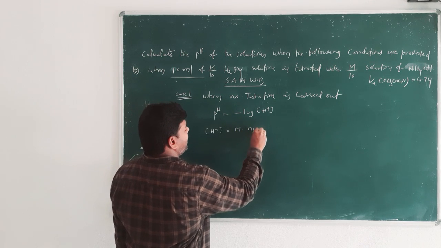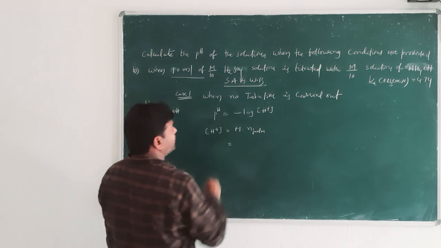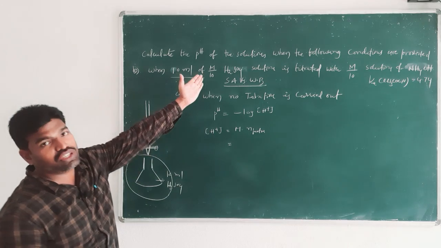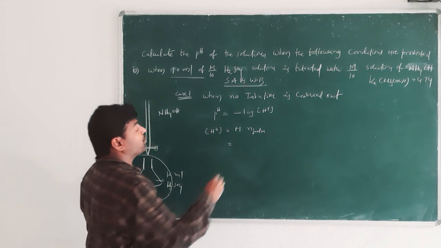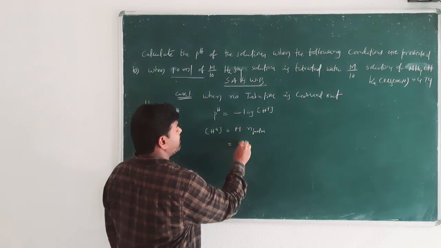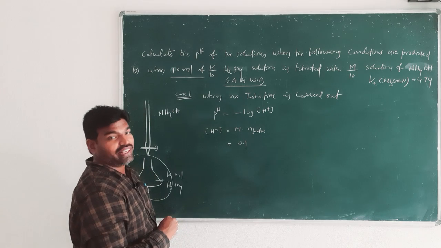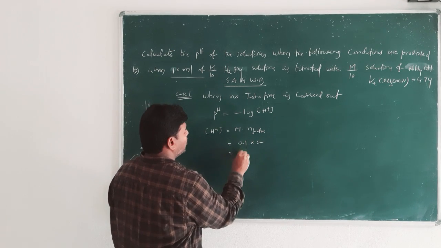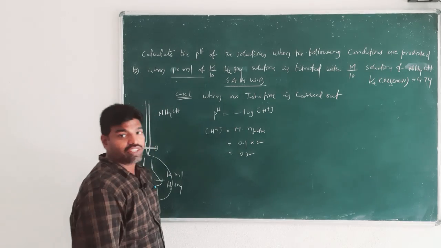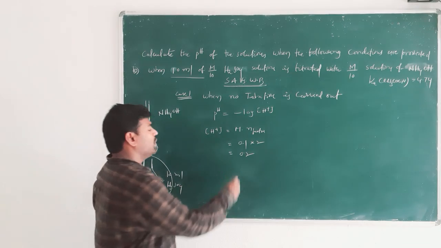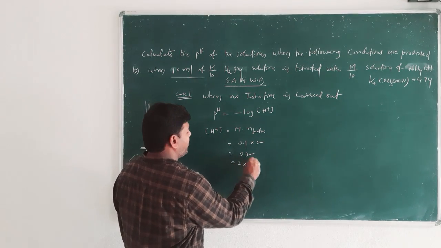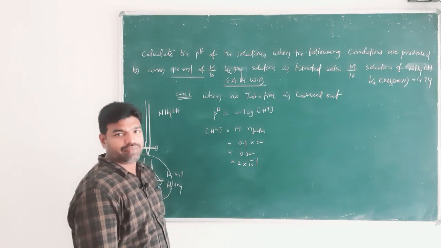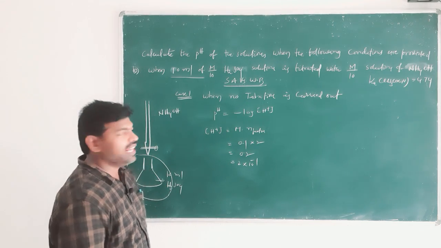So, normality is molarity into n factor. We know the molarity of the H2SO4 solution is 0.1 molar, and the n factor for H2SO4, a dibasic acid, is 2. So, the concentration of H plus ions is 0.2, which we can write as 2 into 10 power minus 1.